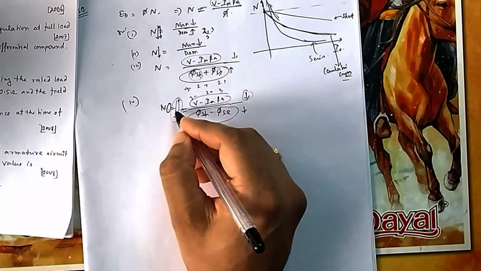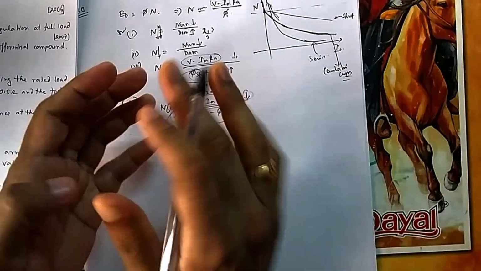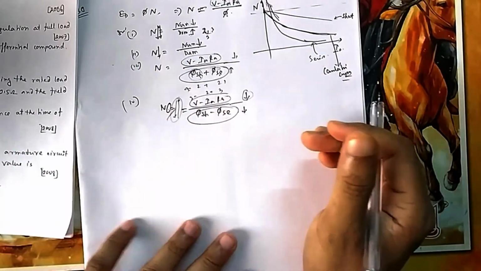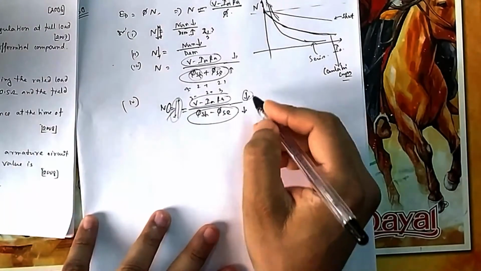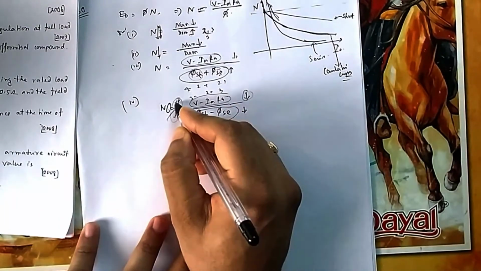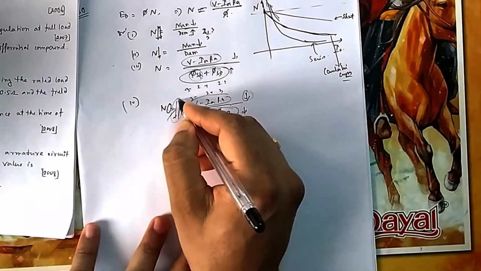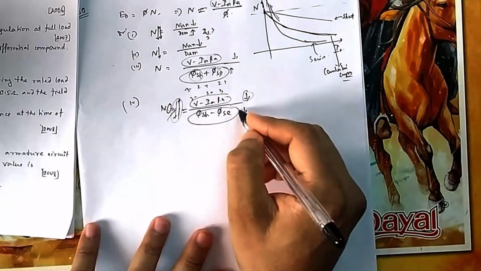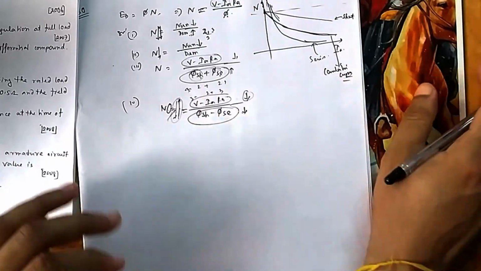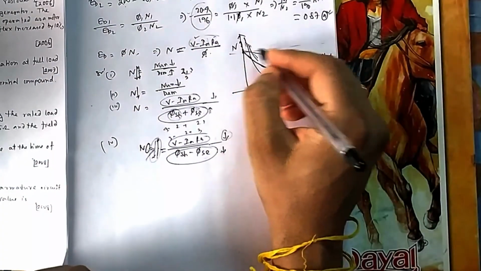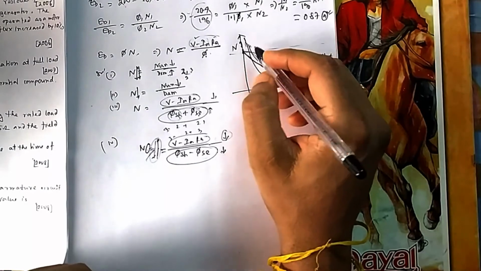So ultimately they will cancel each other out, and the speed will remain almost constant. You can get it now. These two will give an effect which keeps it as constant as possible, so it will be of this fashion.